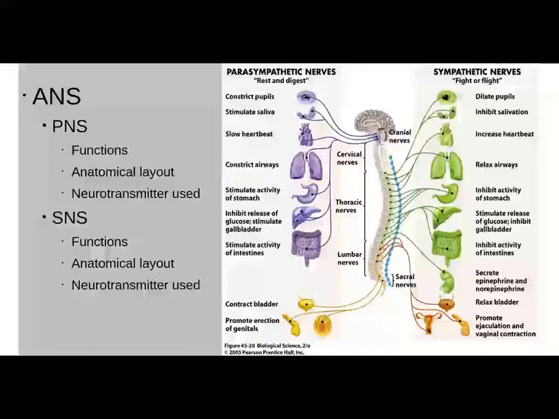The preganglionic neuron arises either in the thoracic spine or the lumbar spine. And right next to the spinal cord, there is this row of ganglia, right next to the spinal cord. So let's look at our next slide and see how that actually looks.